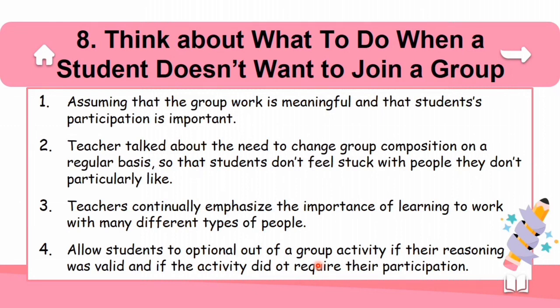Maybe they had a bad day, or there's a problem at home, or they think that they can get more done working individually. In cases like this, we cannot force them to work in a group because it can seem counterproductive.